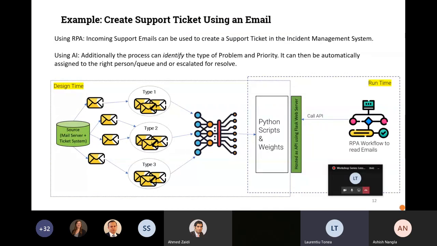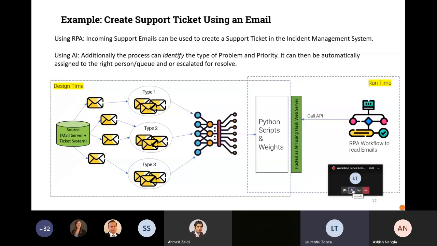And here we have a small case where the bot creates a support ticket. An email comes in. It gets routed to the machine learning model. Before that, you can actually pre-process the email and compare the incoming email with a database. So you extract company info, licensing info, or any other relevant data.